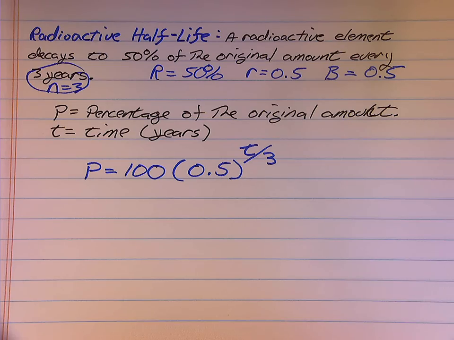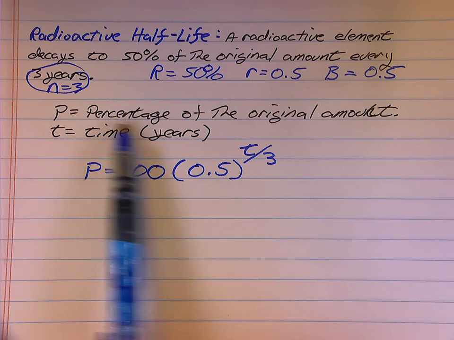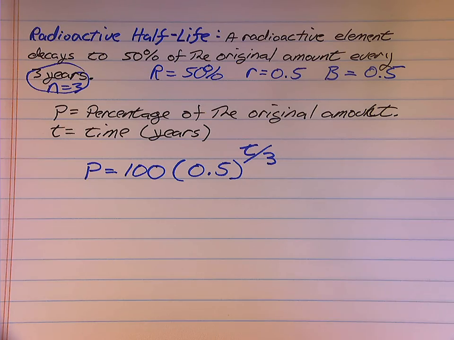Once we have a formula that describes what's happening with our radioactive element, we can answer several questions about it. For instance, what is the percentage we have remaining after 10 years? So that's our first question. What percentage do we have remaining after 10 years? Notice, P is the percentage that we have remaining of the original amount.